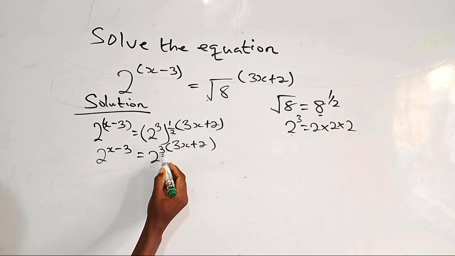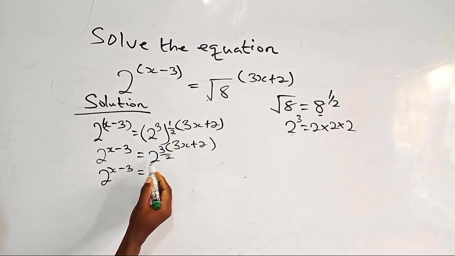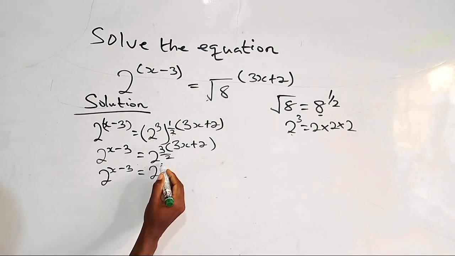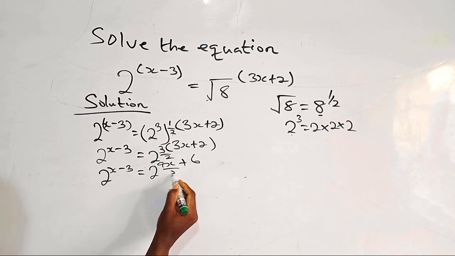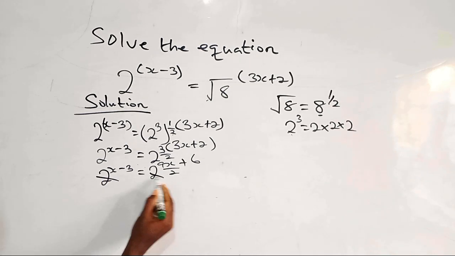Do not forget you have it over 2. So from here you have 2 raised to the power x minus 3 equals 2 raised to the power, we use the 3 to open up, 3 times 3x is 9x, plus 3 times 2, that is 6, over 2. Now we have the same base, so we can compare the exponents.